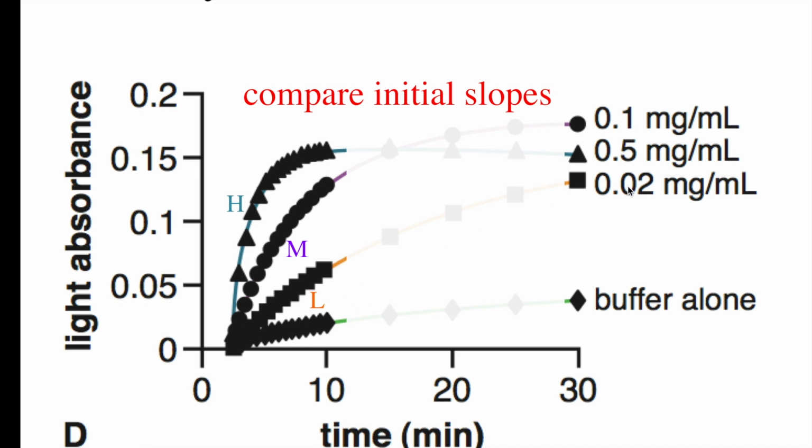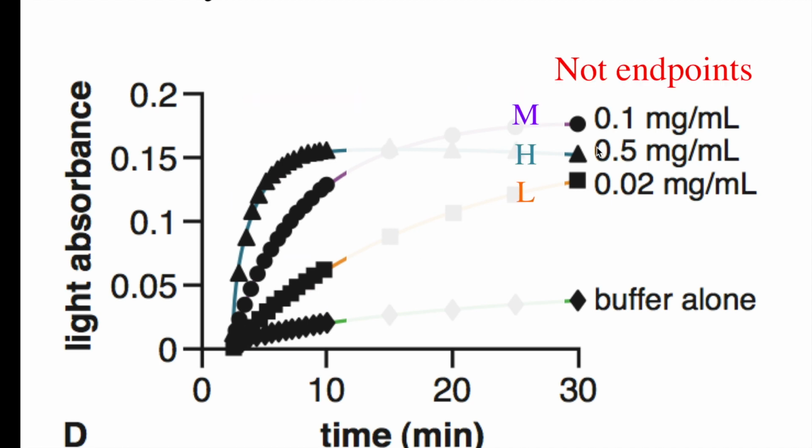And essentially, the more substrate you add, this would be phospholipids, or in the case of our analogy, hot dogs, the faster it goes. Okay? These have the highest concentration of phospholipids and they go the fastest.